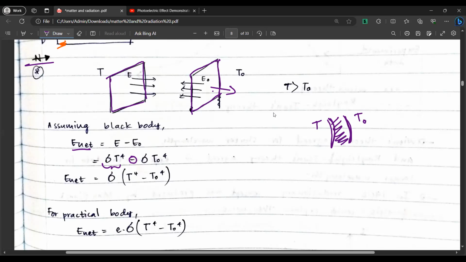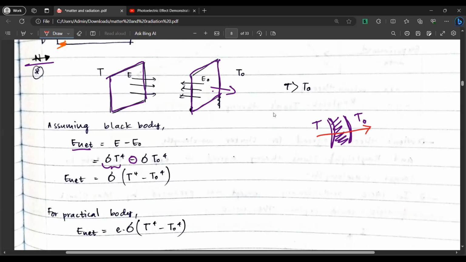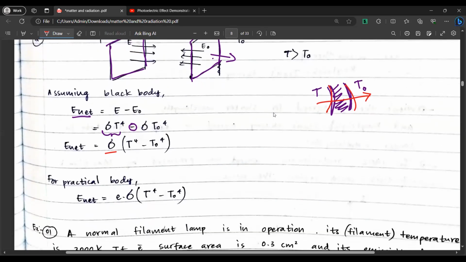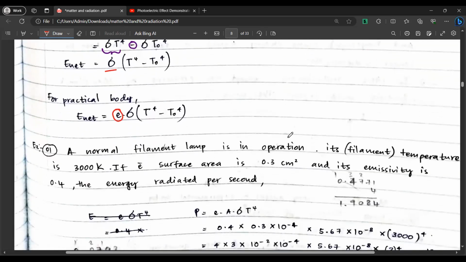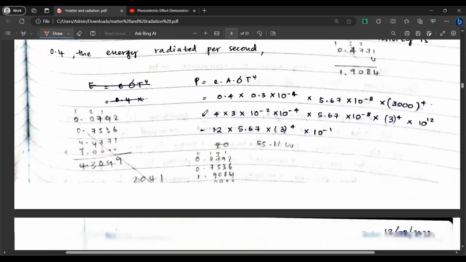So the net emission through this wall is sigma T to the power 4 minus T naught to the power 4, higher temperature minus the lower temperature. So this is for a black body. For a practical body, we will have an e in front. Try this example also.